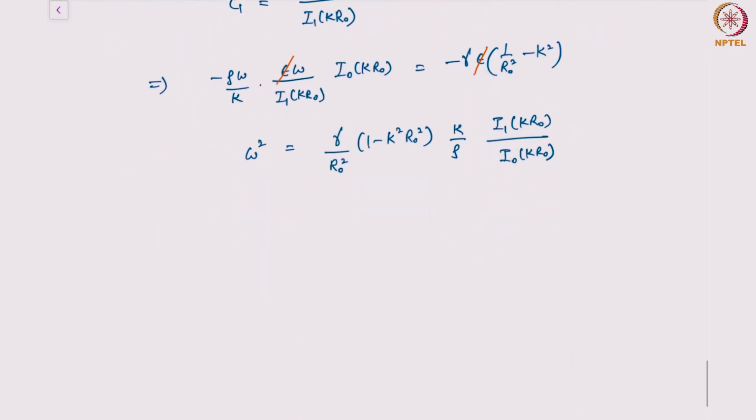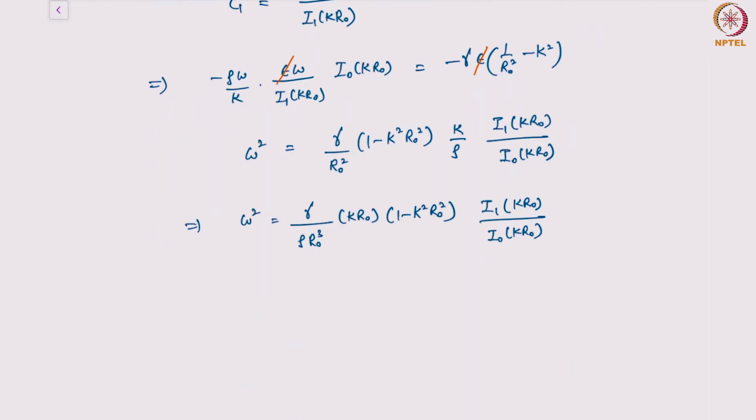That's what I have. I can do one more important step, which is to multiply and divide by k r naught. I have omega square will be gamma by rho r naught cube times k r naught into 1 minus k square r naught square, I1 of k r naught divided by I0 of k r naught.